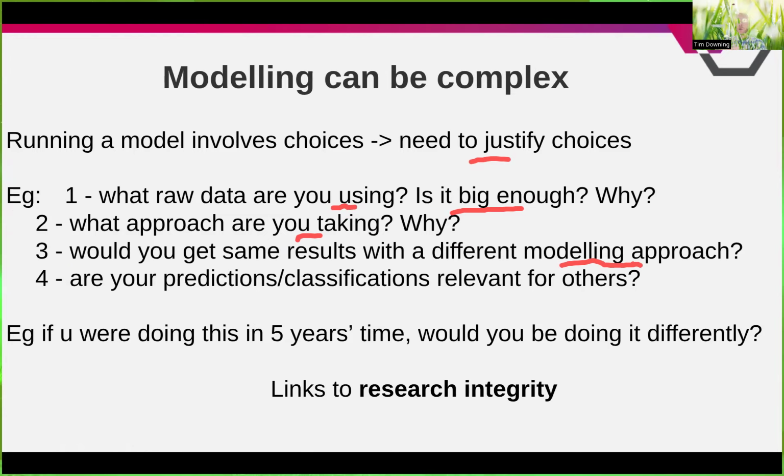And to what extent is that true or not true? And then if you are able to make some sort of prediction or classification, is that relevant for others? And if you're doing this in 5 years' time, would you be doing it differently? All these questions feed into research integrity and considering what you're trying to do, why you're trying to do it, and what it has.